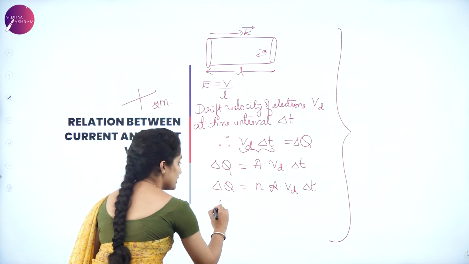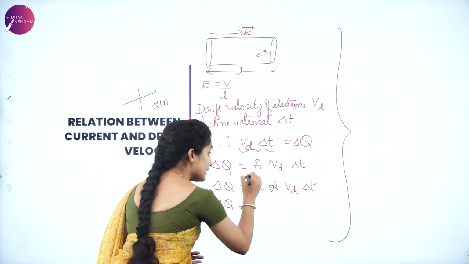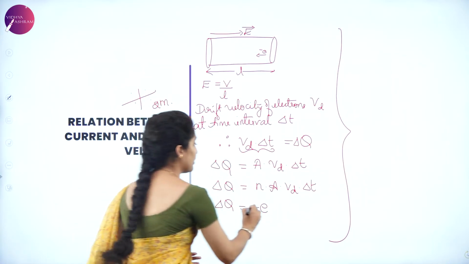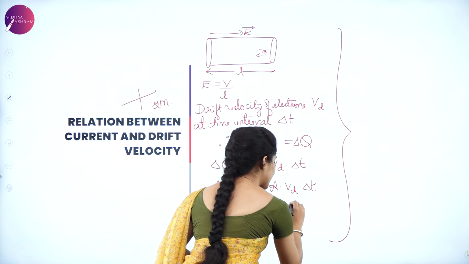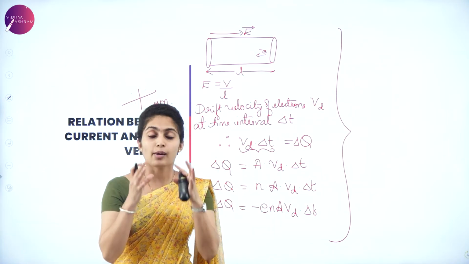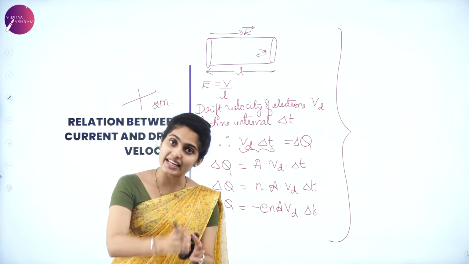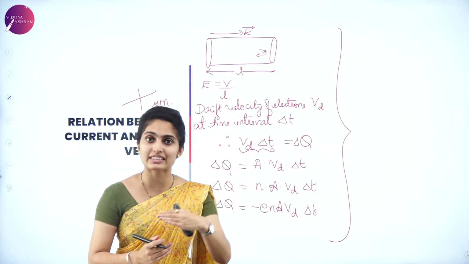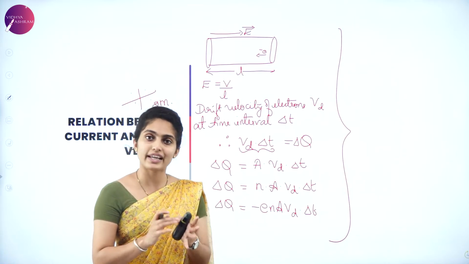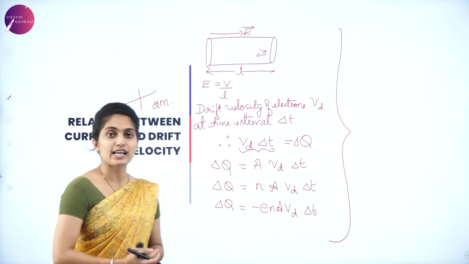So I have delta Q is equal to the electron charge, which has the negative sign, N, A, Vd and delta T. So this is the number of charges, that is the electrons, moving in the direction opposite to that of the electric field, in order to relate the drift velocity as well as current.